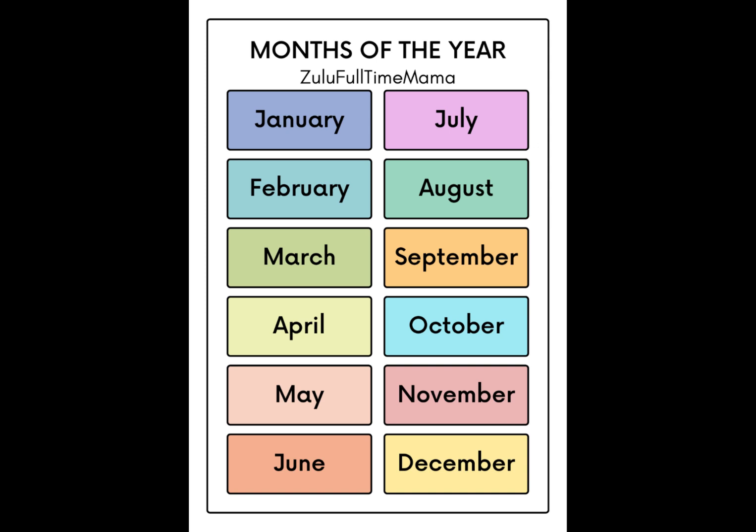July is Untulikazi. August is Uncwaba. September is Umandulo. October is Umfumfu. November is Lwezi. December is Uzibandlela.